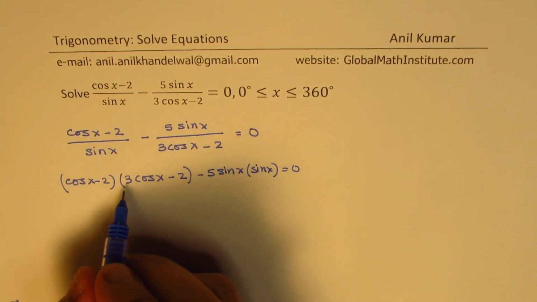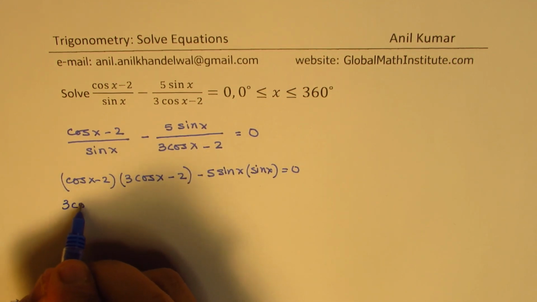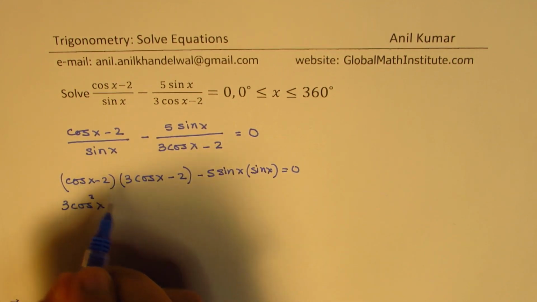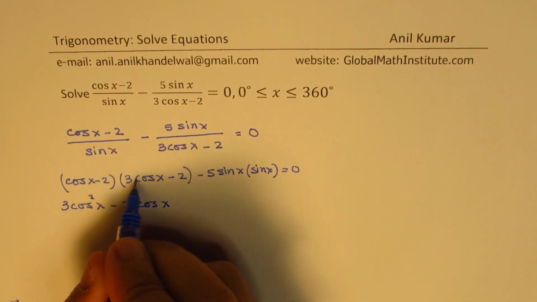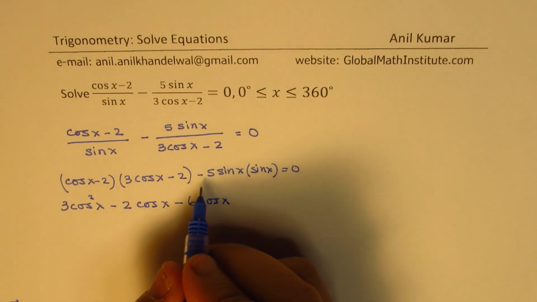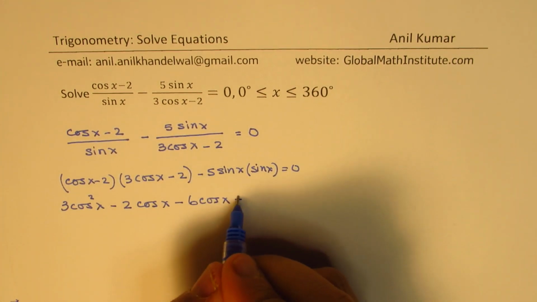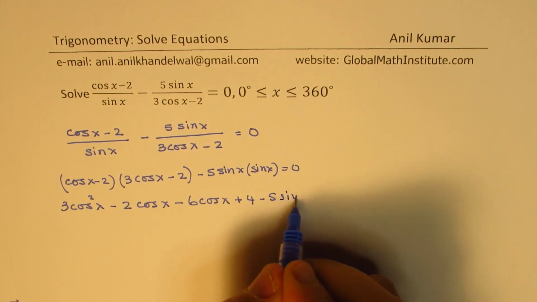Open the bracket. So we get 3 cos square x minus 2 cos x, that gives you minus 6 cos x and plus 4. This is minus 5 sin square x.